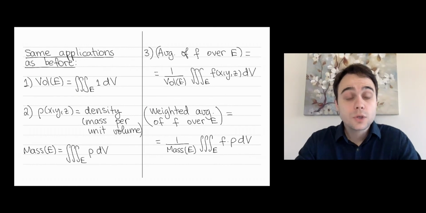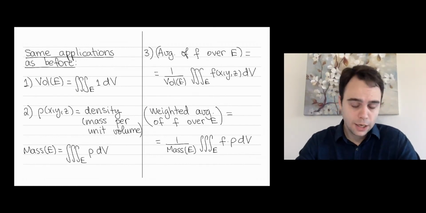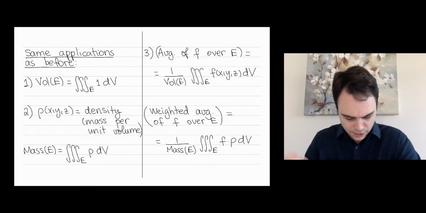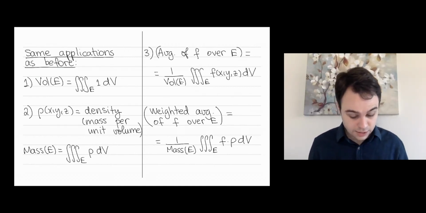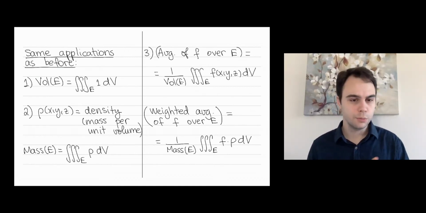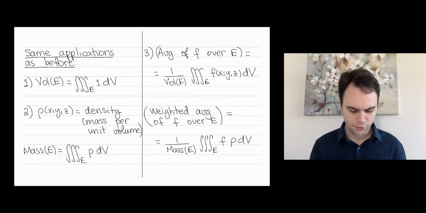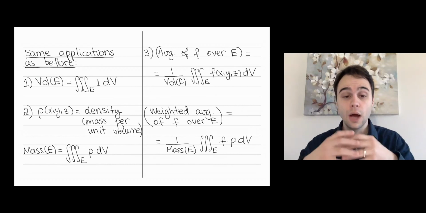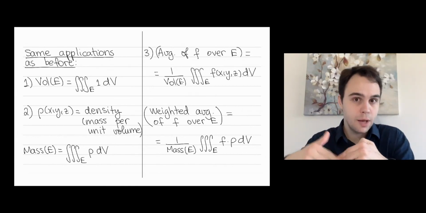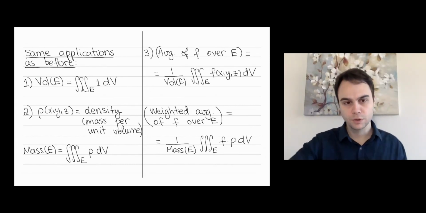Okay, so the next application we had for double integrals, and that still works in 3D, is that we can use triple integrals to compute masses, the mass of a solid region. For that, we need to know what the amount of mass per unit volume is throughout the shape.